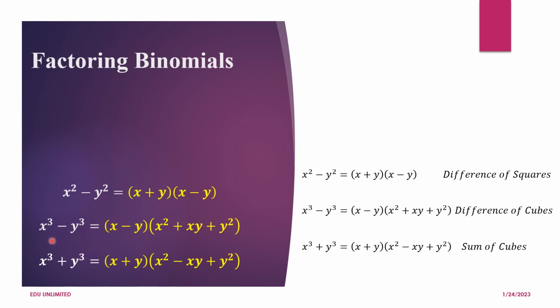So this format here is the difference of cubes, and this format here is the sum of cubes. Quite easy once we can utilize these formats as we go along in this presentation.